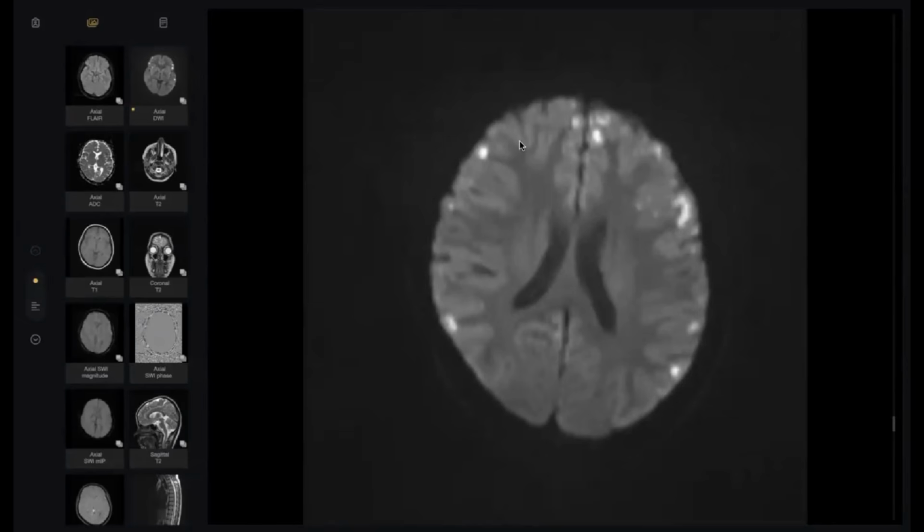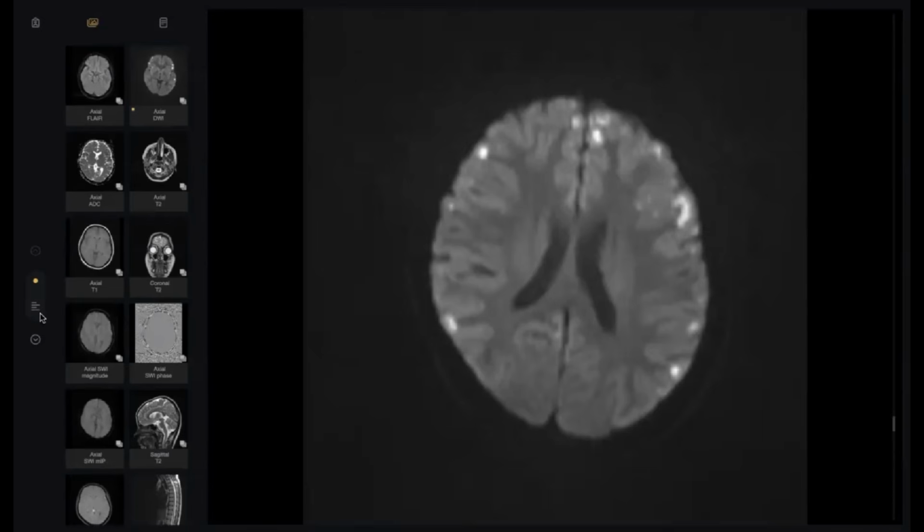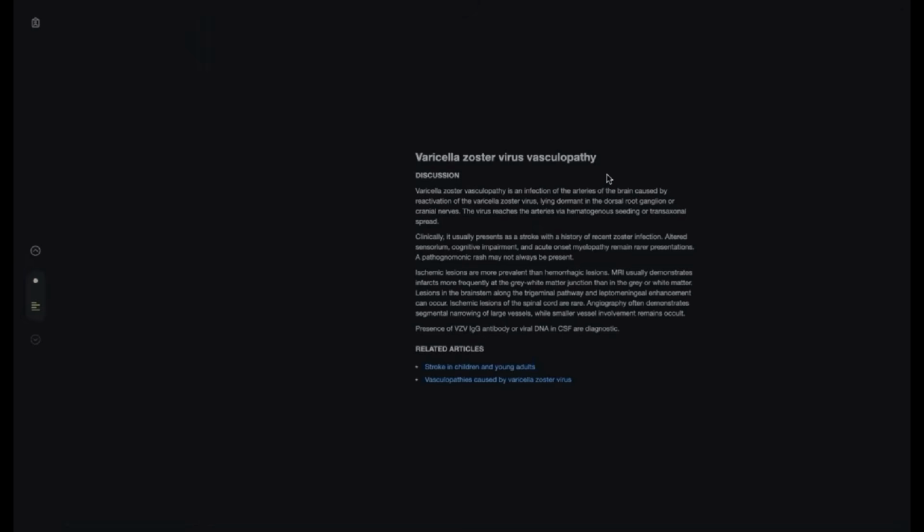One of the differentials was systemic infection like cysticercosis, or systemic hemorrhagic metastasis. So the white matter and cortex junction is a region for systemic pathology, especially when it is nearly symmetrical or symmetrical. Again, it was post-infectious vasculopathy.